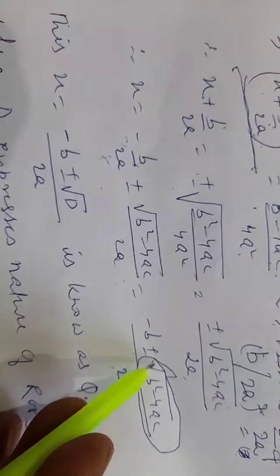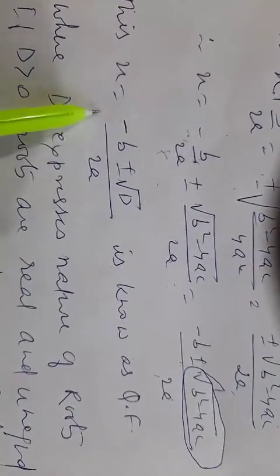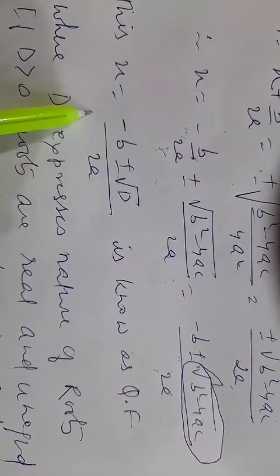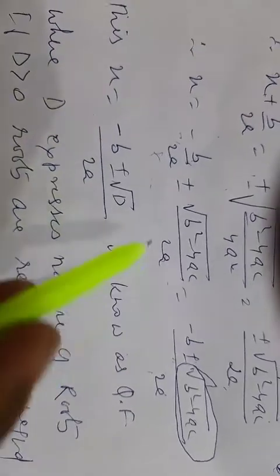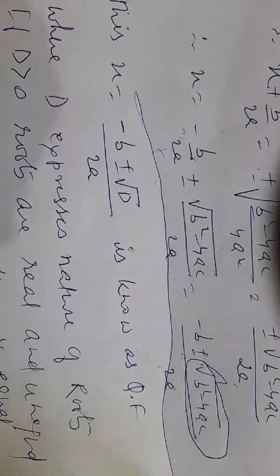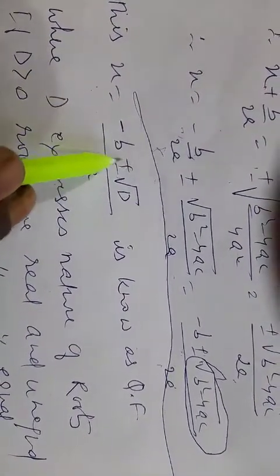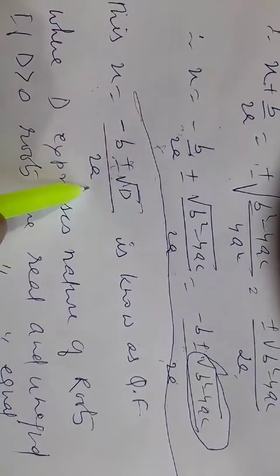D is the discriminant. D expresses the nature of roots. Thus we can write the quadratic formula as x is equal to minus b plus minus root D by 2a.